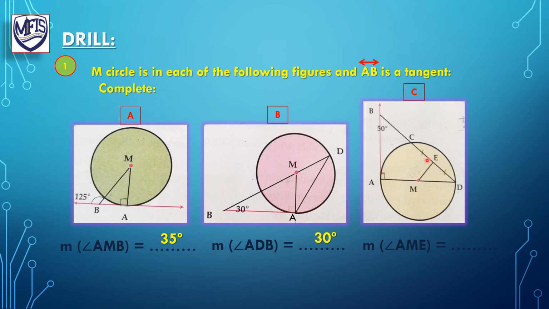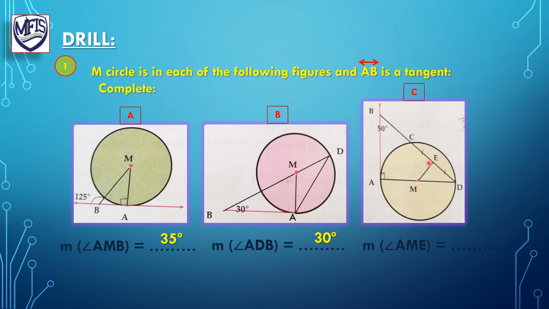What about angle E? CD is a chord of a circle and E is a midpoint of this chord. So ME is perpendicular to CD. That means measure angle CEM equals 90 degrees.